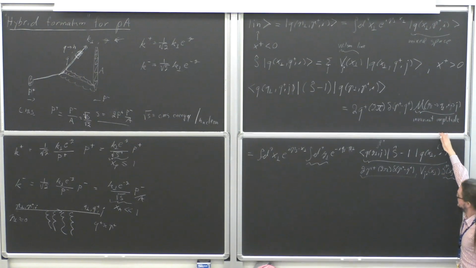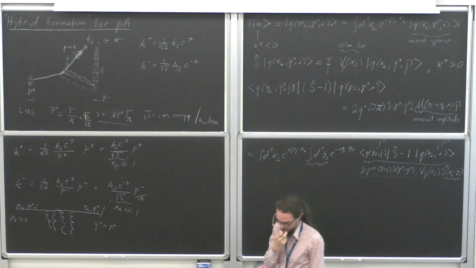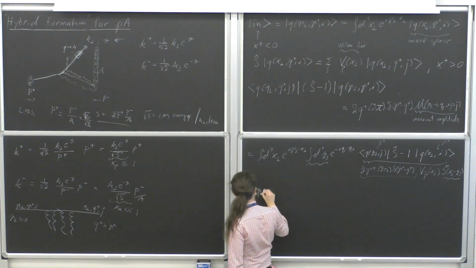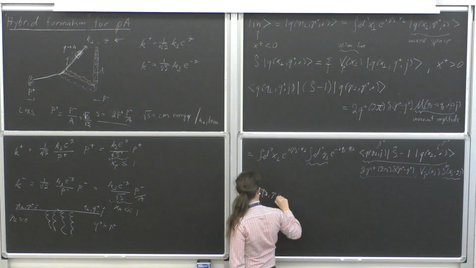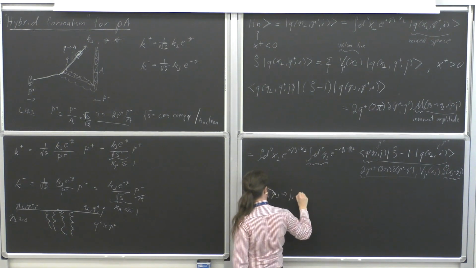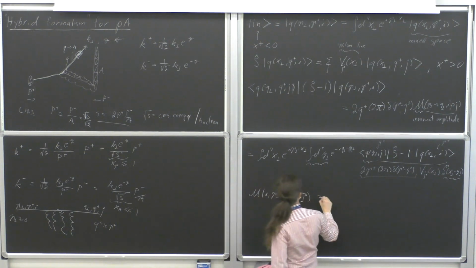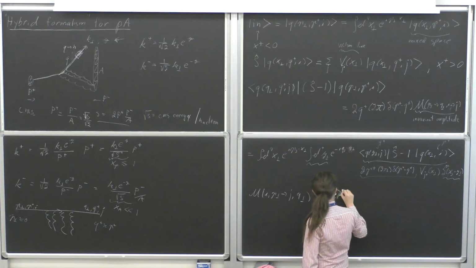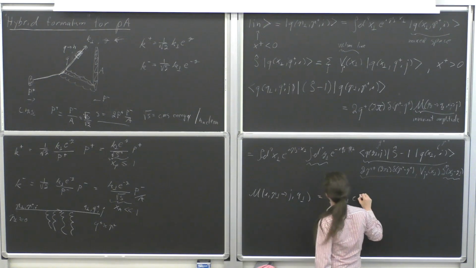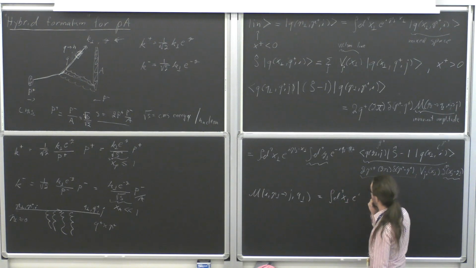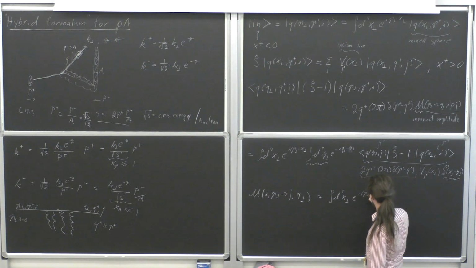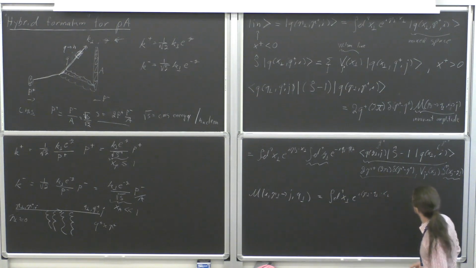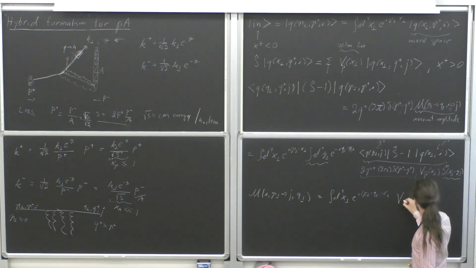So what I get is an invariant amplitude for color i, p perp, going to color j, q perp, which is just d squared x perp exponential of i (p perp minus q perp) dot x perp, b j i of x perp, right?